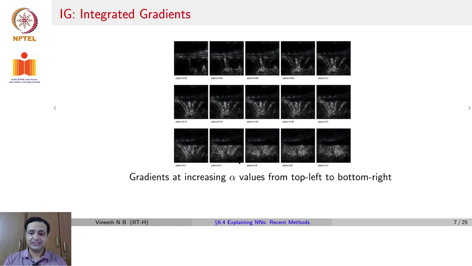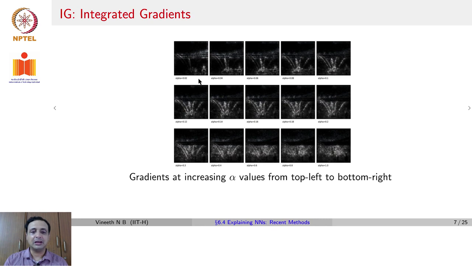So here are the same set of gradients, but now each image in this set of tiles is the input image, however, with a reduced intensity at each pixel by a particular scale. You notice here that there's an alpha of 0.02, alpha of 0.04, alpha of 0.06, alpha of 0.08, and so on and so forth.